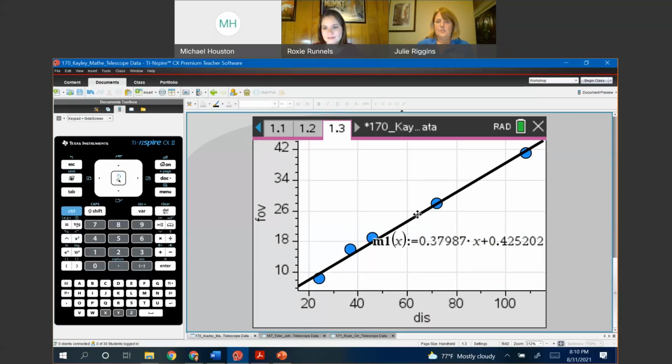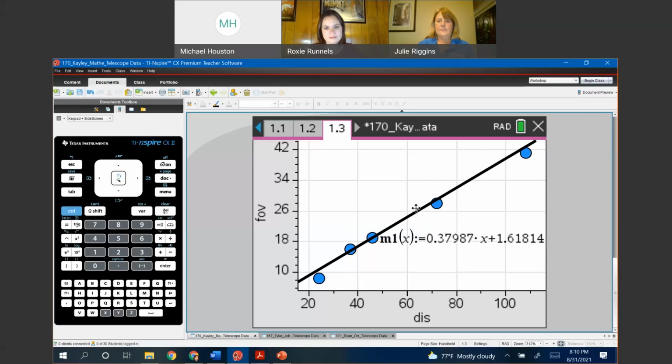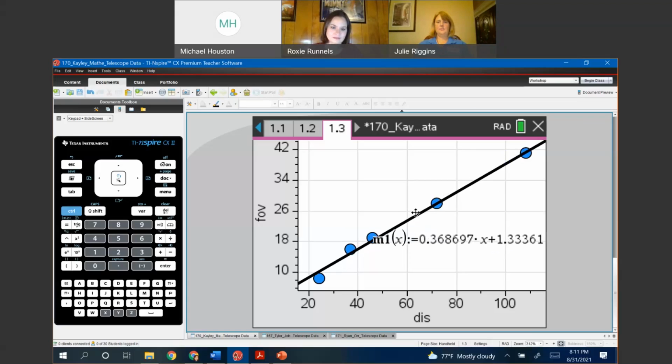So the students can grab the middle of the line and adjust it so that our y-intercept is about 1.5 or a little bit more. Might be a little too high if I do this. So they can play around with it and try to get a good line that fits the data.